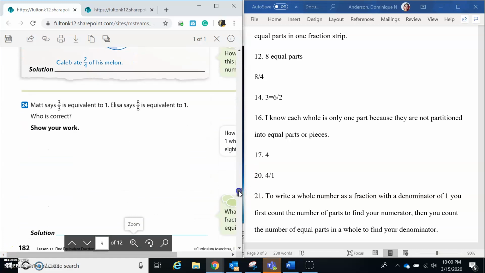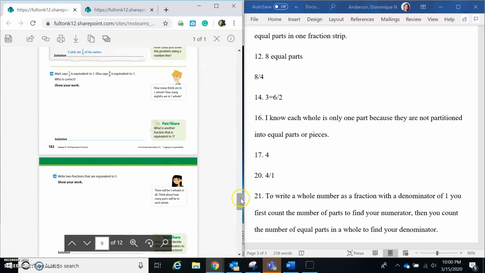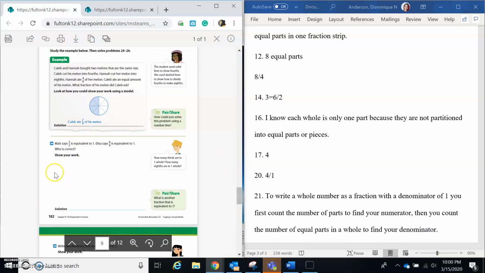Okay, let's look at 24. Matt says 3/3 is equivalent to 1. Lisa says 8/8 is equivalent to 1. Who is correct? Show your work. What I want you to do, and let me go back out so you can see, is go ahead and draw these 2 models so that way you can see who is correct, okay?